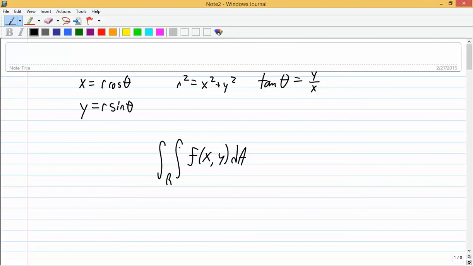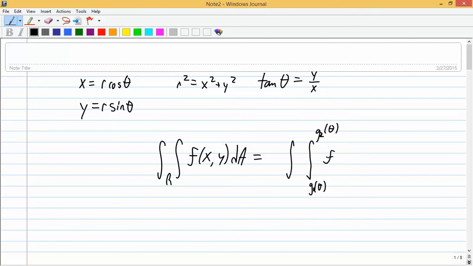But the formula we have to use, the double integral, it's going to be some function of theta as a lower bound to some other function of theta as an upper bound for this inside integral.